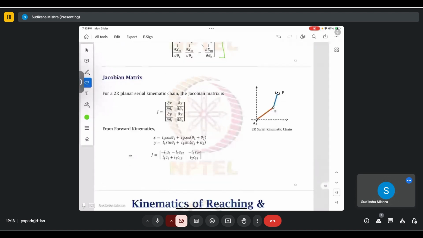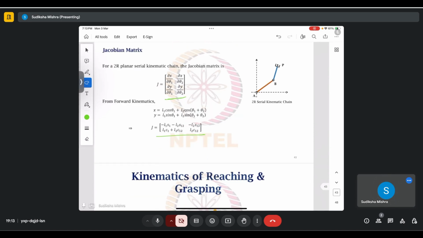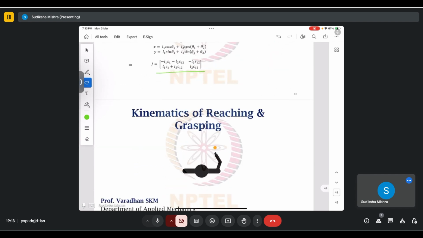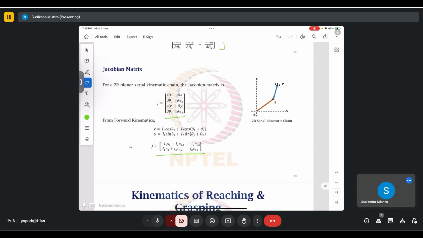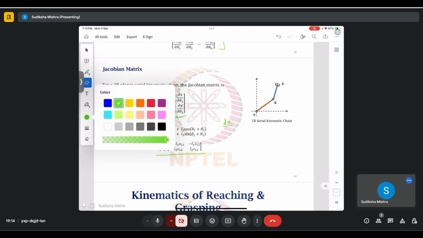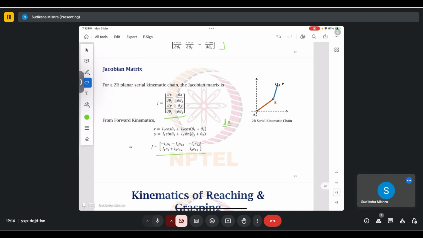For a 2R system, this becomes the Jacobian matrix which we saw, and the partial derivatives can be written as this. So basically dx by, I'll solve for one of the terms. We know x to be this.